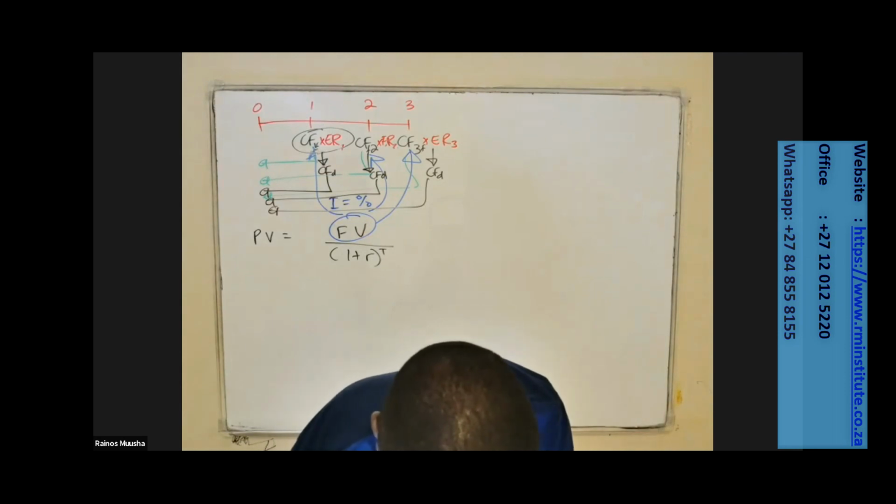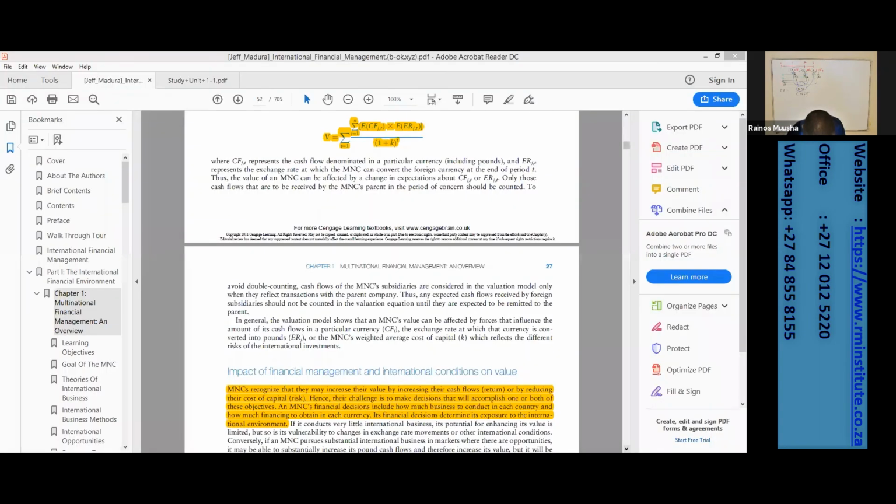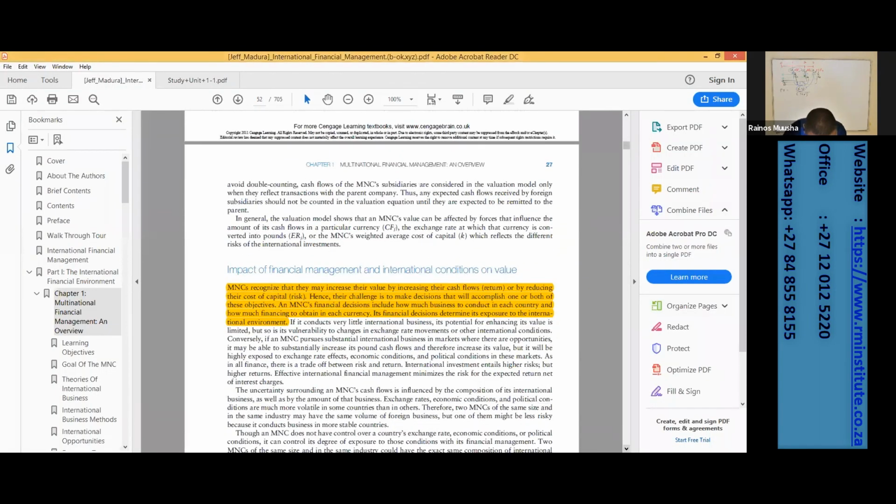On the next section, they look at the impact of financial management and international conditions on value. And here they say, multinational corporations recognize that they may increase their value by increasing their cash flows or by reducing their cost of capital.